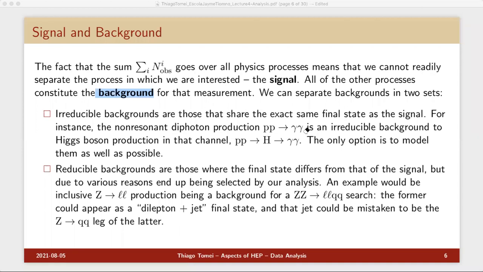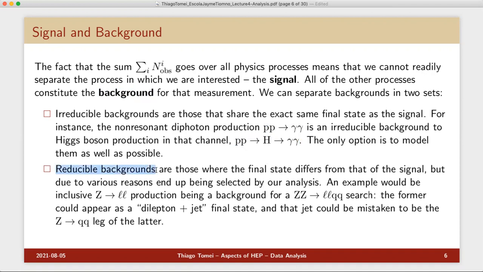Proton going to gamma gamma is the exact same final state in general as the process that goes through the Higgs boson production. So there's nothing to do here. You just have to know this process very well and consider it as a background to this process.